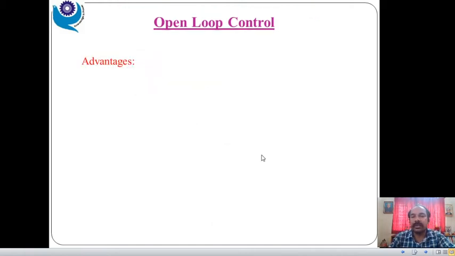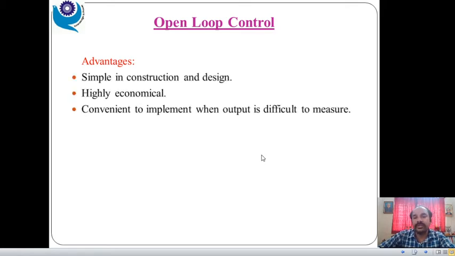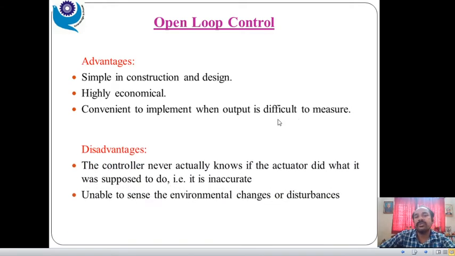We will see many applications in short. So advantages: simple in construction and design, right? Highly economical, convenient to implement when output is difficult to measure. So these are the advantages of open loop control system. Disadvantages: the controller never actually knows if the actuator did what it was supposed to do.